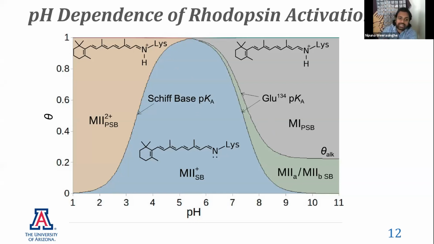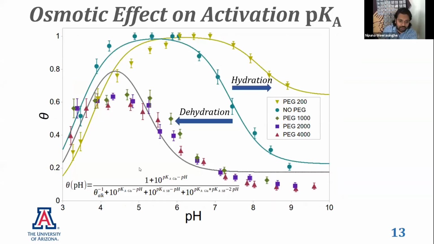So we conducted experiments and were able to derive a relationship. And these results agree with what we observed with the previous experiments, where higher molecular weight osmolytes favor the dehydrated state, so they will reduce the pKa value of the system. And the smaller osmolytes initially increase the pKa value, so they favor the meta 2 state.